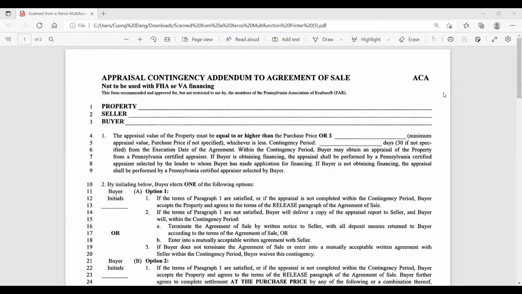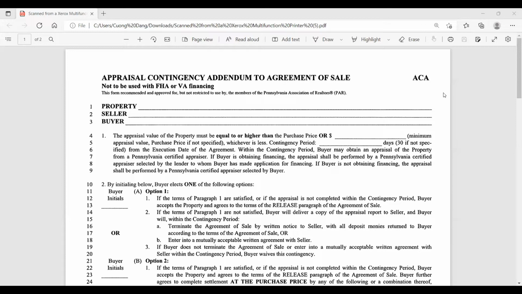Within the contingency period, buyer must obtain an appraisal of the property from a Pennsylvania certified appraiser. Okay. Now, there are two options here. If the buyer is obtaining financing, the appraisal shall be done by a PA certified appraiser selected by the lender to whom buyer has made application for financing. So the buyer is getting financing, the lender picks.